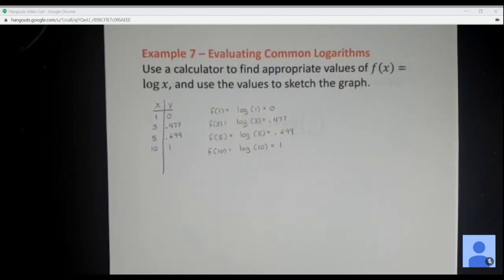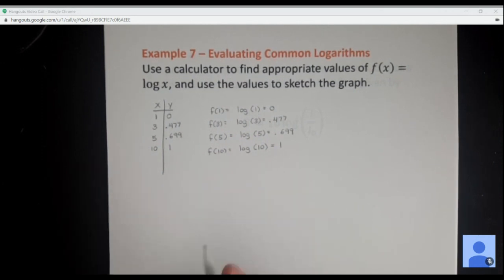Now, I think somebody might have suggested 0. Is 0 going to be defined on my graph? No, right? Keep in mind, we're still going to have that vertical asymptote at 0, just like we did for all of our other log functions. So we don't need to check 0. Same thing with negatives. No point in checking them, because they're all going to be undefined.